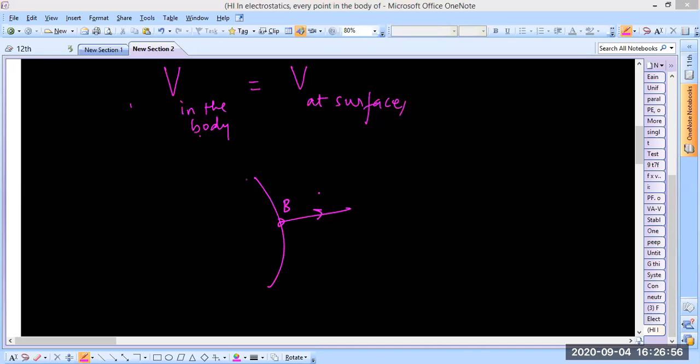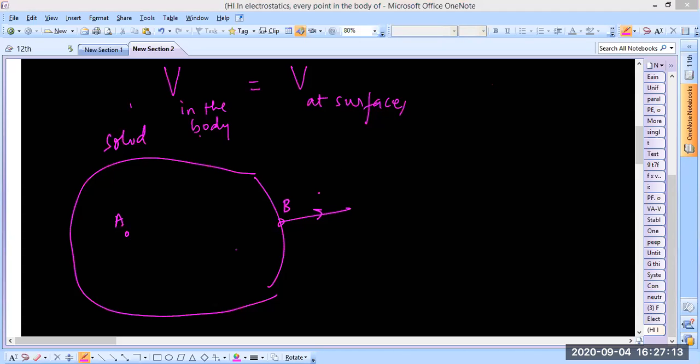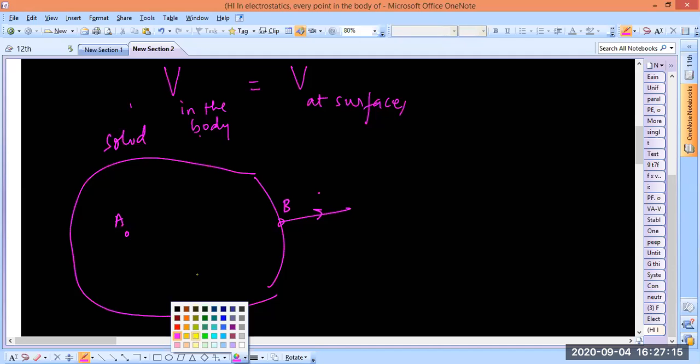And this is suppose the whole body, and some point A is inside that body. A is definitely in the body. This is a solid thing, I'm not talking about hollow. So small displacement vectors may be like this.